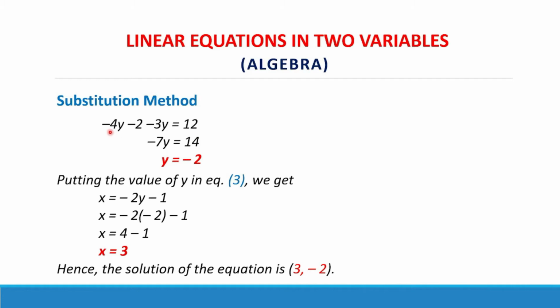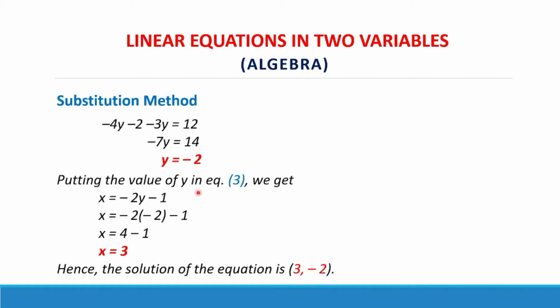Add like terms: -4y - 3y is -7y, and -2 transposed to the right side, 12 + 2 is 14. Divide everything by -7, so y = 14 over -7, or -2. So y = -2.